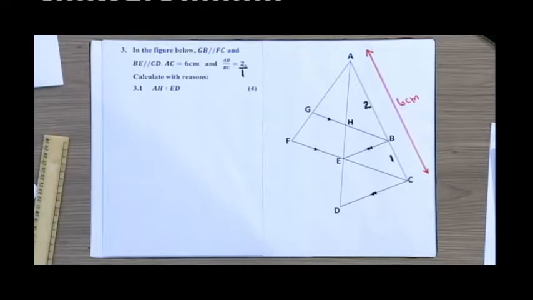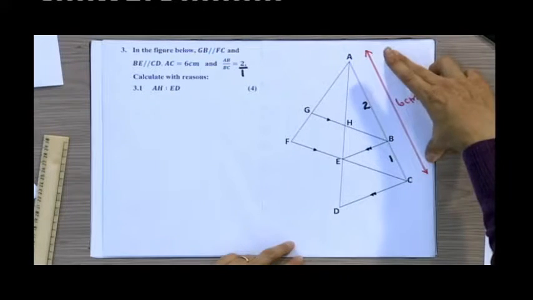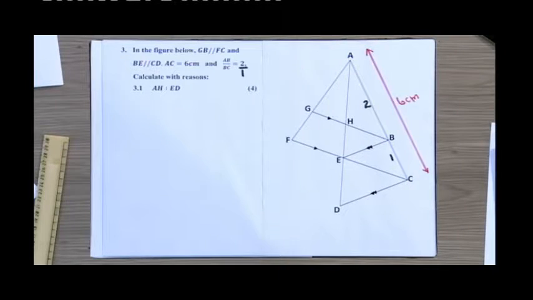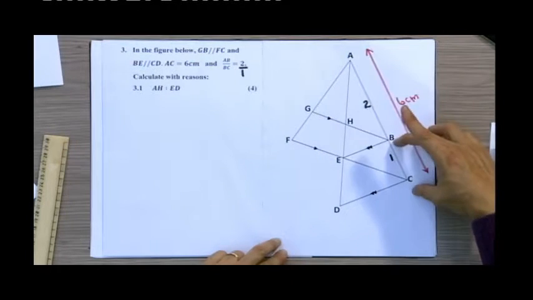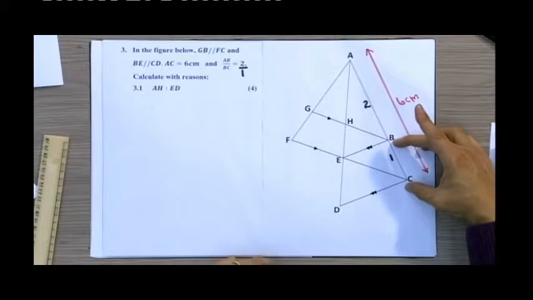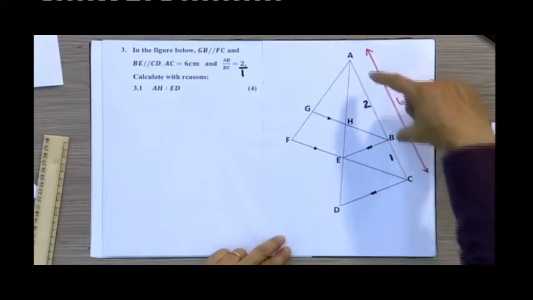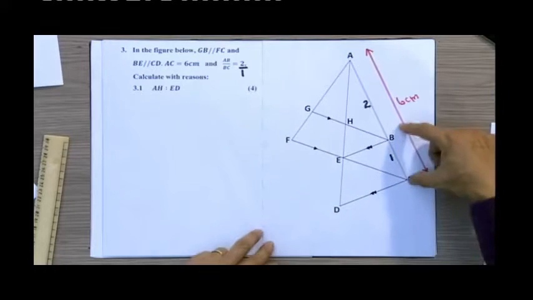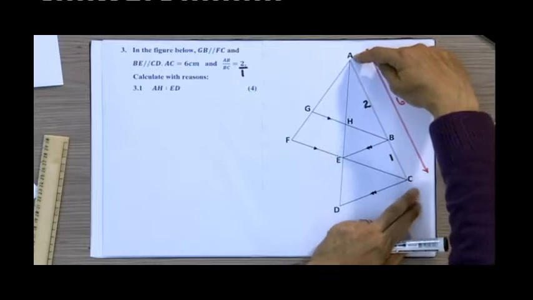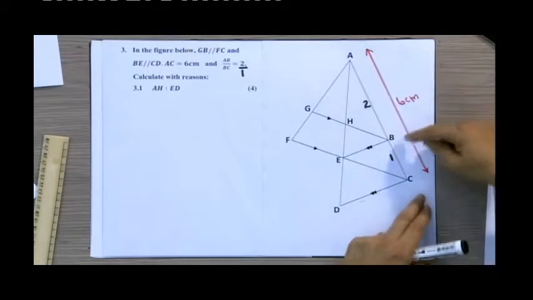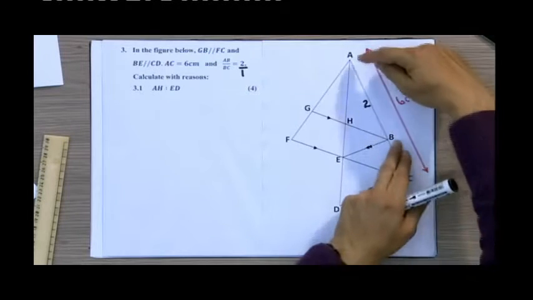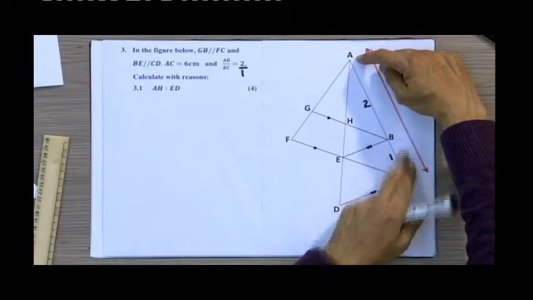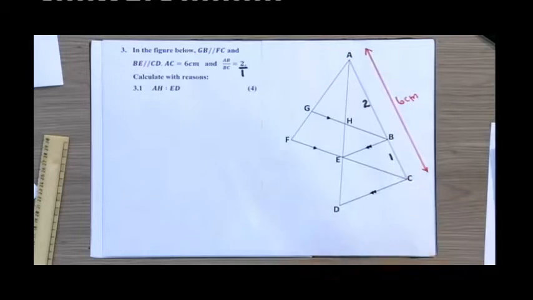So how does this work? If the whole side is 6 centimeters, but we have a ratio that says the top compared to the bottom is 2 to 1, this is half of that. So in terms of centimeters, if the whole one is 6, then BC must be half of AB, but they must add up to 6.